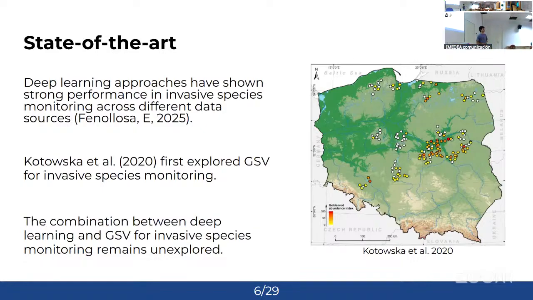He manually did 50 transects of 500 meters, monitoring two invasive species. And here we propose to optimize this approach by applying deep learning with Google Street View.